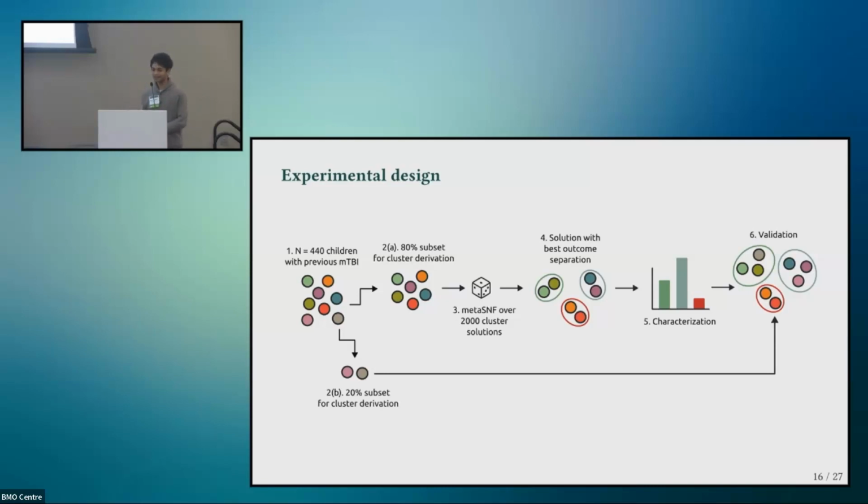That top meta cluster is characterized. So we check to see what makes that cluster what it is in terms of how things differ by the input variables. And then we validate our cluster solution by trying to see, do these key characteristics remain true when we map our cluster solution onto kids who were not a part of the actual original analysis.